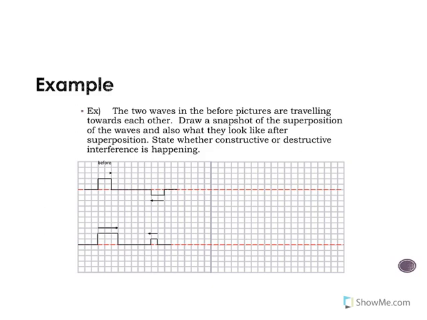If we have a crest coming towards a trough, we take the displacement of the crest minus the displacement of the trough. There's a displacement here of 2 and a displacement here of 1. So our superposition is just going to be 1 up, because 2 minus 1 is 1. That's what our superposition would look like.